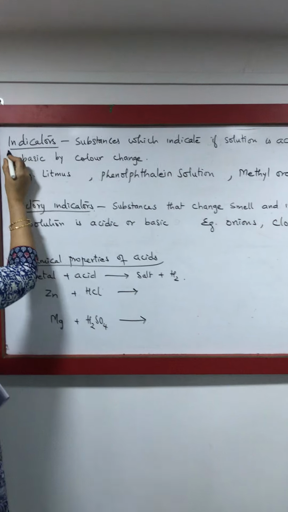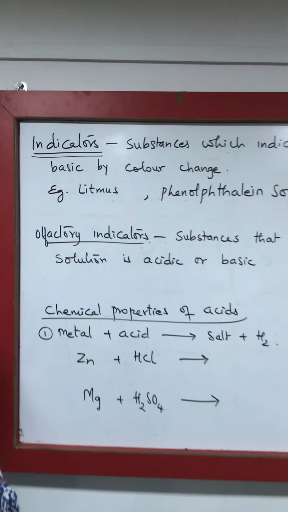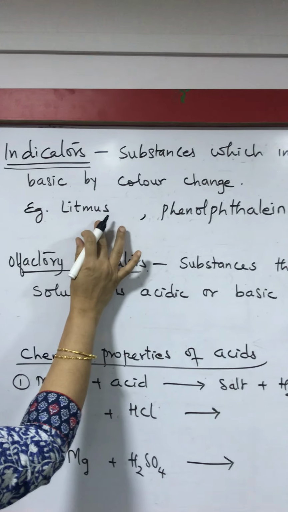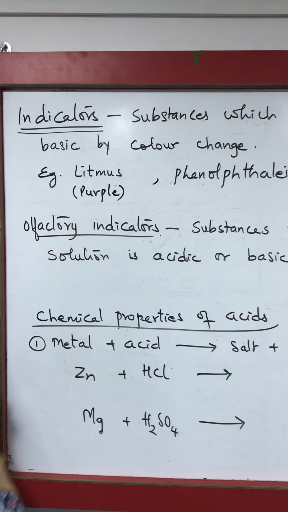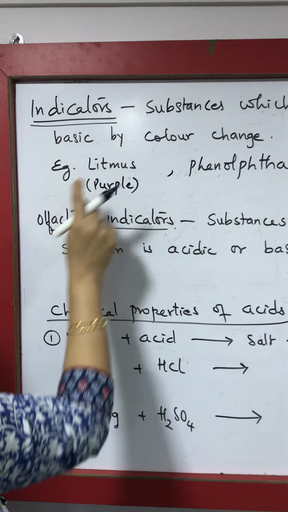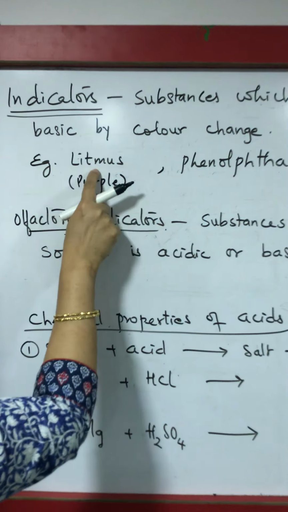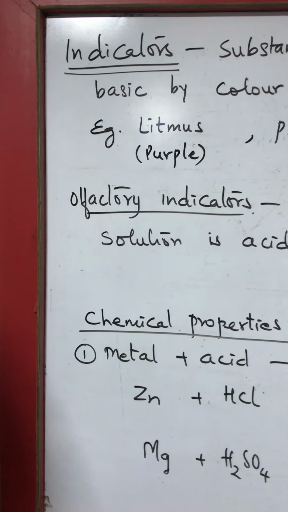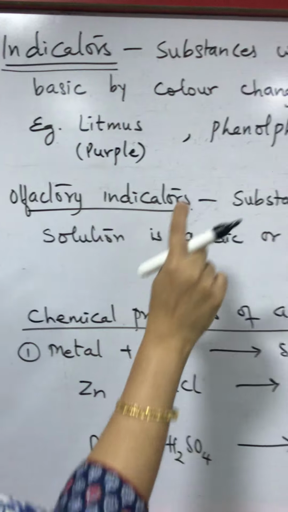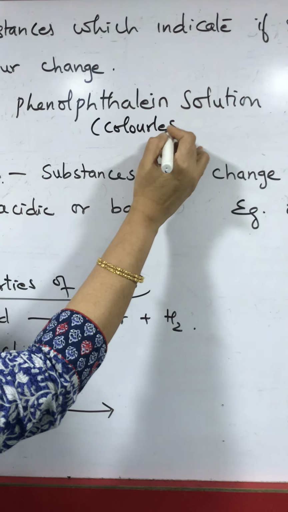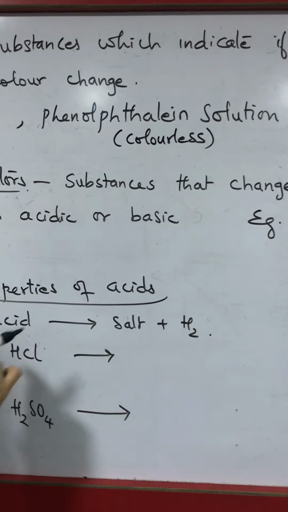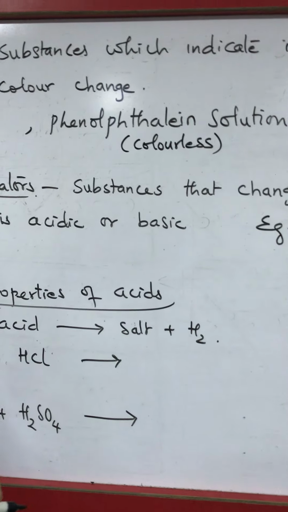So I just mentioned examples of indicators. Litmus solution which is purple in color will be red in acid and it will be blue in base. Phenolphthalein is a colorless solution which will be colorless in acid and pink in base.